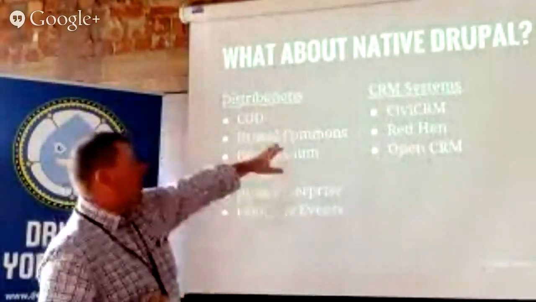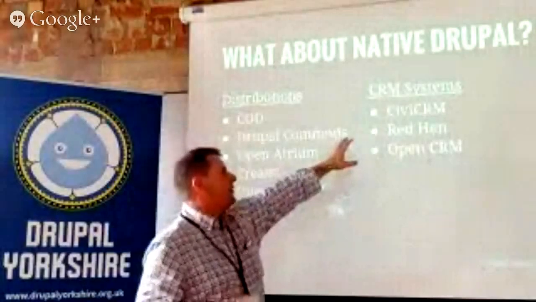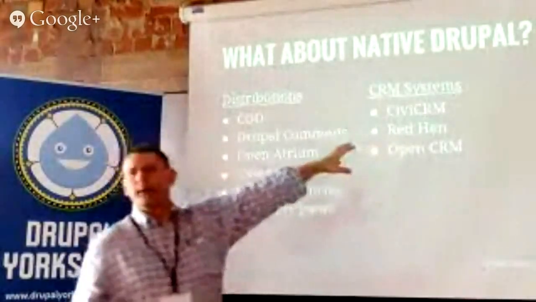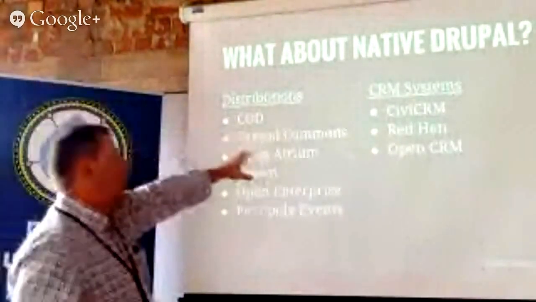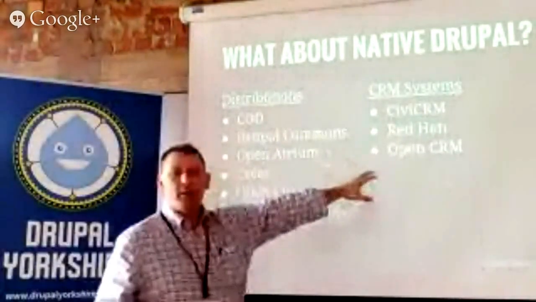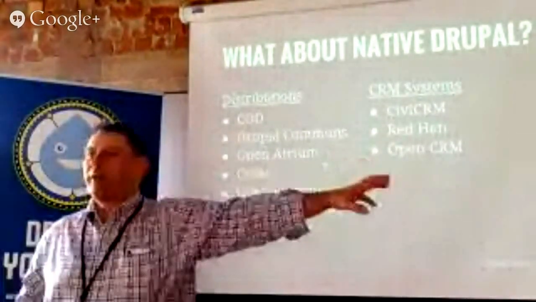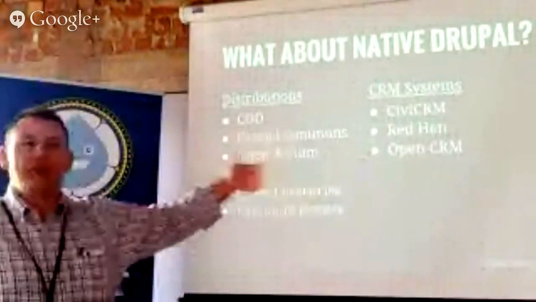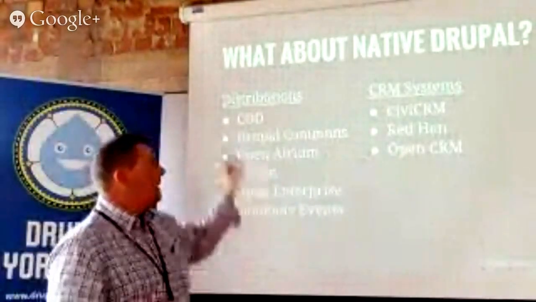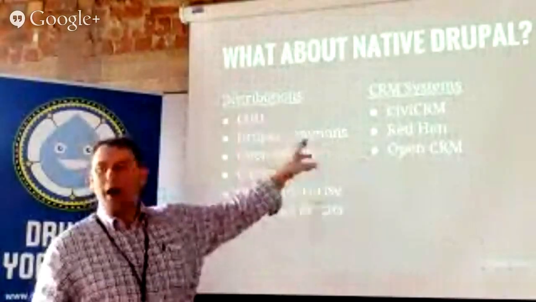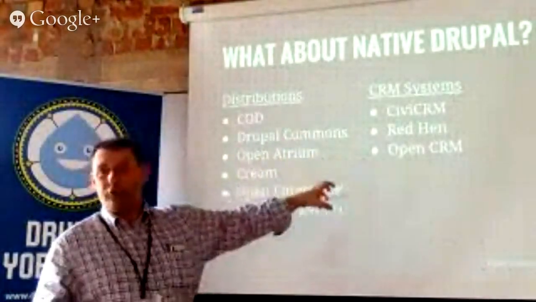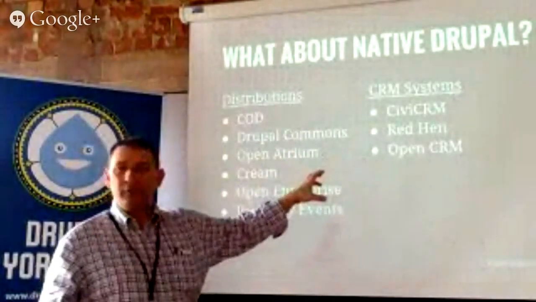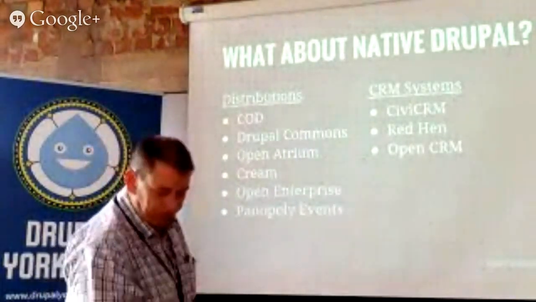The difference between the two, I think, is that the intended audience for Red Hen is more the developer type Drupal user. Open CRM is aimed more at the site builder, point-and-click type user, but they aim to achieve the same sorts of things. And again, these solutions also have event management options that you can use to register people for activities or events.